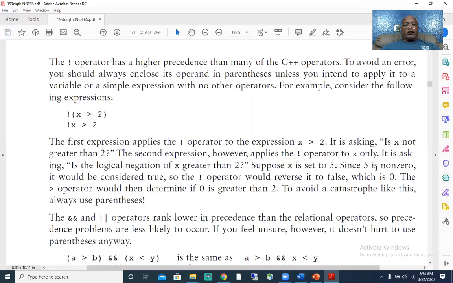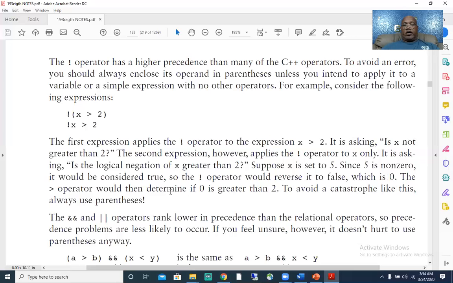Since 5 is non-zero, it would be considered true, so the not operator would reverse it to false. Remember we talked about that, it would be 1 or 0, so which is 0. The greater than operator would then determine if 0 is greater than 2. 0 is not greater than 2, so it would yield to be false.